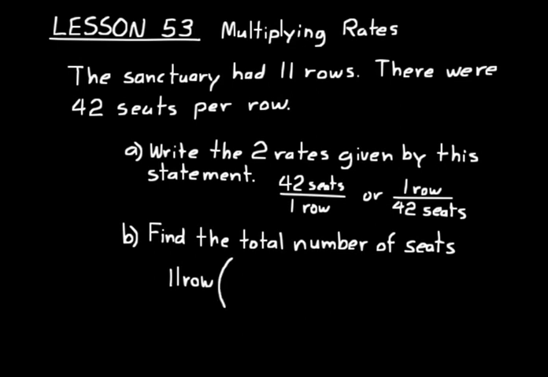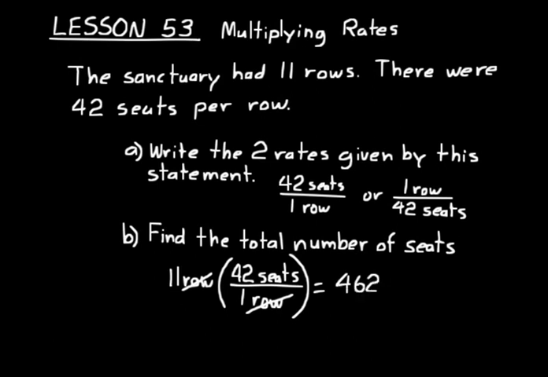We multiply this by 42 seats per one row. For every row there are 42 seats. The rows cancel and we'll end up with 11 times 42, which is equal to 462.